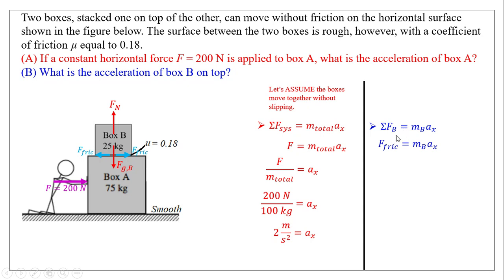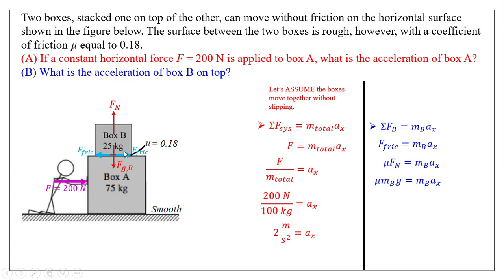Therefore, I'm going to introduce F of fric. There is only one force acting on box B, which is the force of friction between A and B. This work is for mass B, so on the right side you see m_B. If I expand F of fric again, we get the coefficient times the normal force. The normal force can be written as m_B times g, because the top of box A is now our surface.